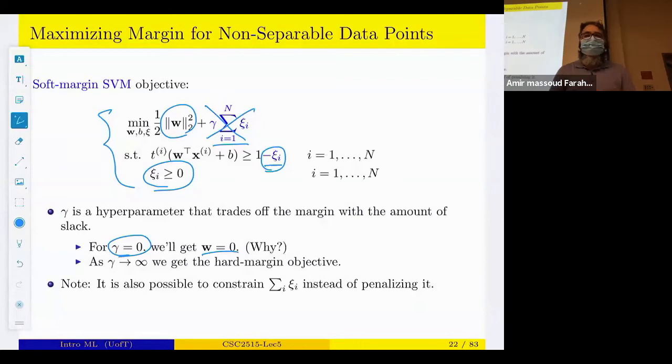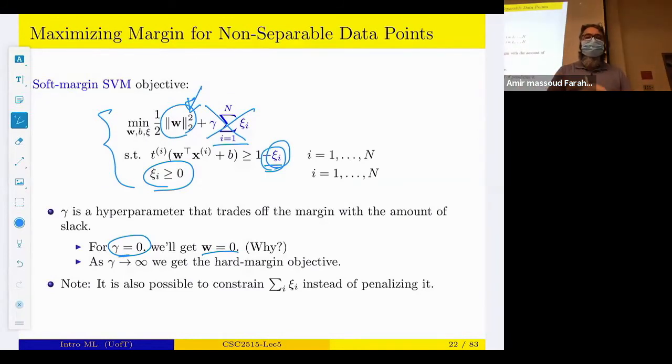So we can always choose large enough slack variables to make all the constraints satisfied, no matter what W we choose, right? And then because the W part is penalizing the constraints, the best solution, the minimizer, is when W is equal to 0. So we can choose W equal to 0 and choose large enough slack variables, because there's no penalty.